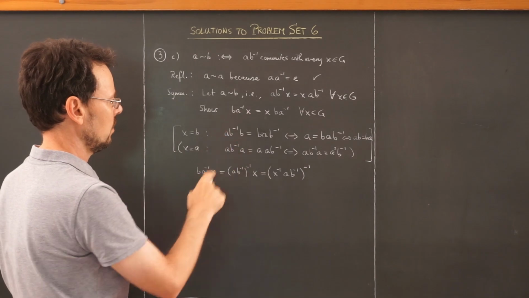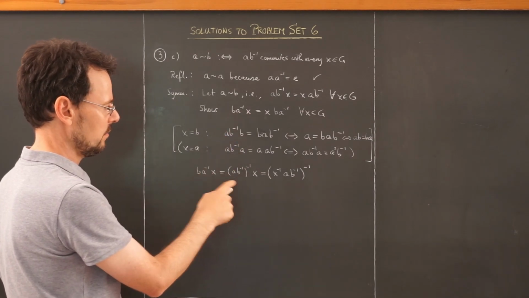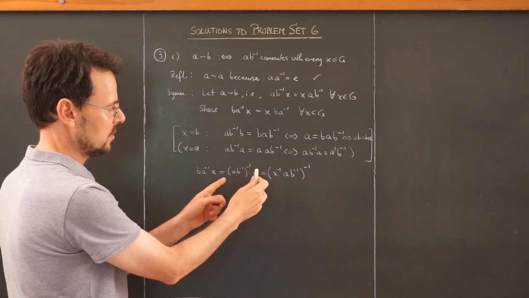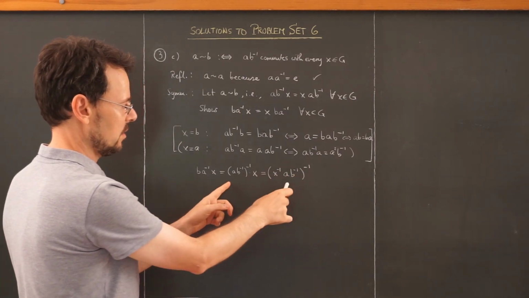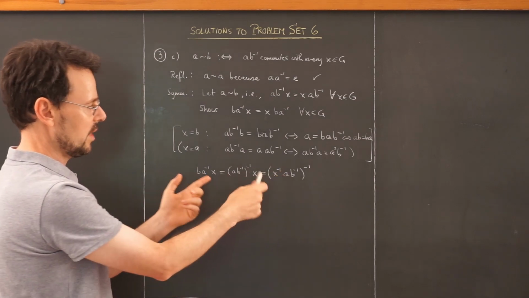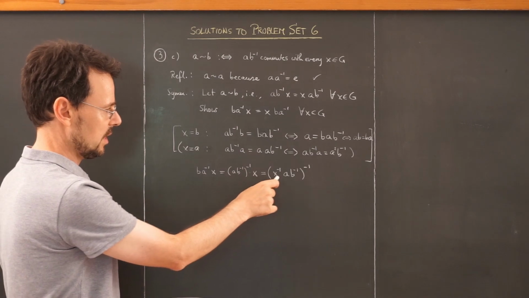We write down this here, and this can be written by the formula of the inverse of a product as this, and then again I use the formula for the inverse of a product and write it as this. All right, so I switch the order and put -1 up there, so this is the same.